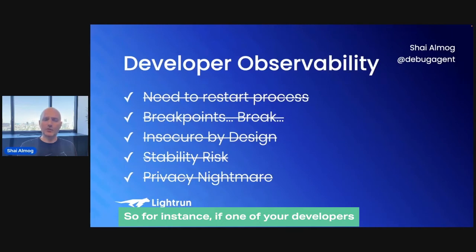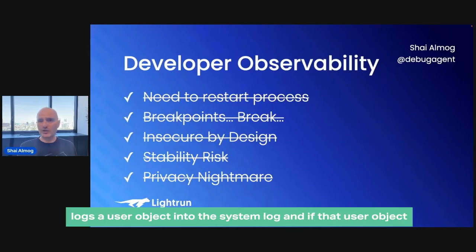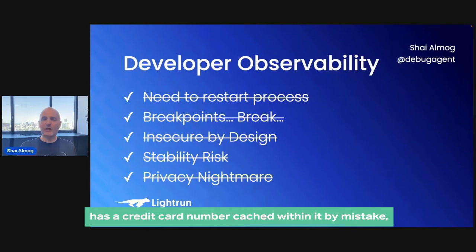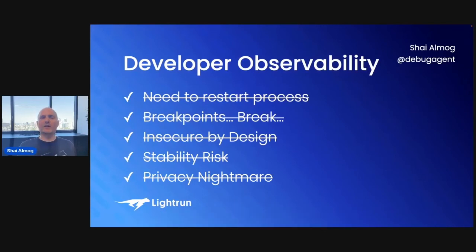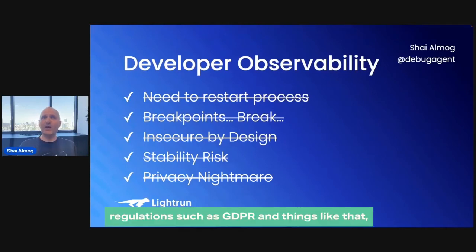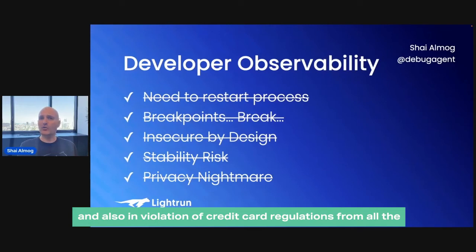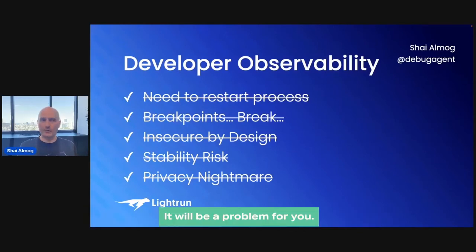So, for instance, if one of your developers logs a user object into the system log, and if that user object has a credit card number cached within it by mistake, which normally you shouldn't do, but it's possible, people make mistakes, then this credit card number will go into your logs and will be in violation of laws, regulations such as GDPR and things like that, and also in violation of credit card regulations from all the CCV, if I remember correctly, the organizational name. It will be a problem for you.